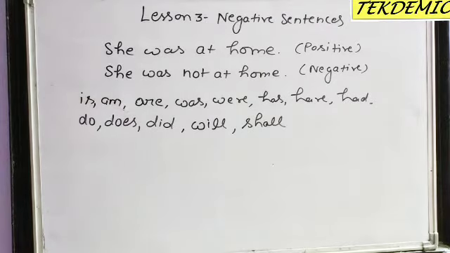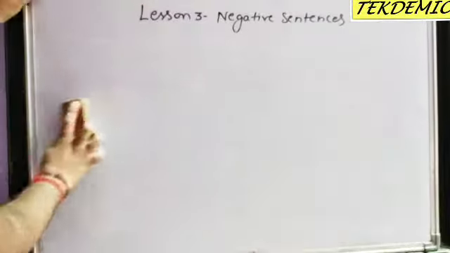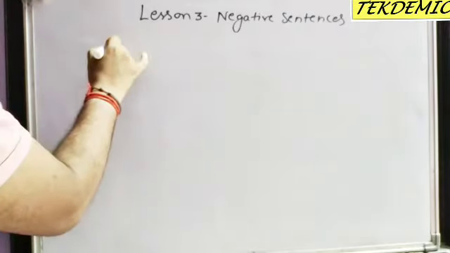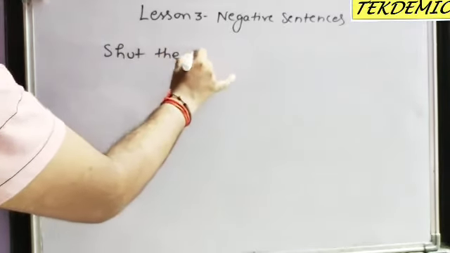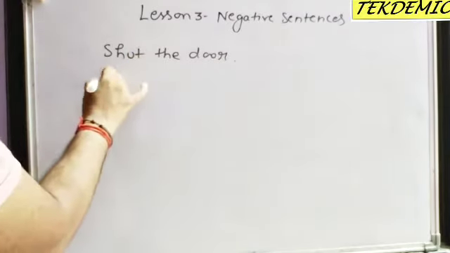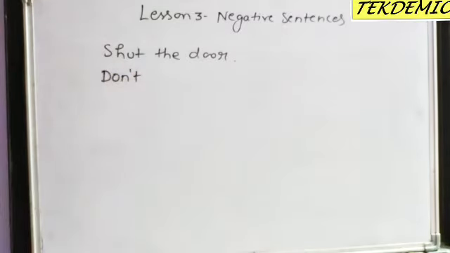Children, now we will learn how to make imperative sentences negative. So imperative sentences like shut the door. How to make it negative? We will put don't just before the main verb.